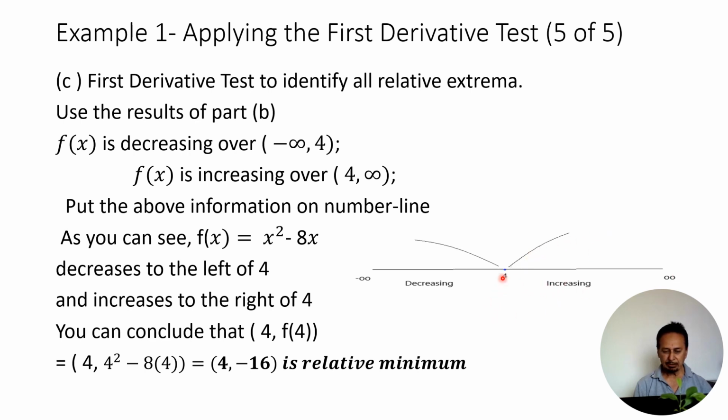You can see this is the lowest point, so this is called the relative minimum. So 4 comma f of 4 is a relative minimum. Now we put this 4 back in f: 4 squared minus 8 times 4. Simplifying gives 4 comma minus 16 is the relative minimum.